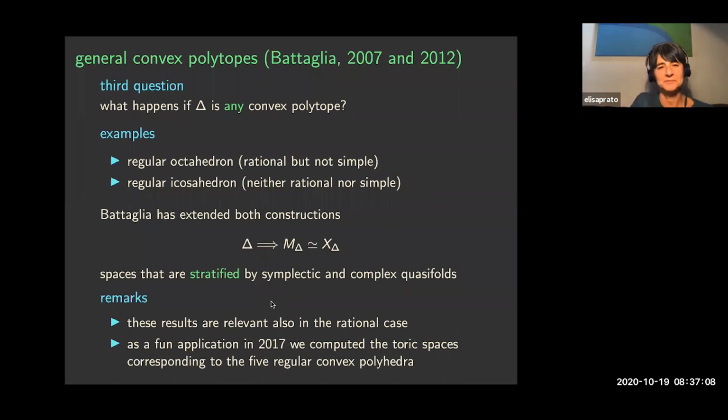So as a fun project, we applied her general construction to compute the toric spaces corresponding to the 5 regular convex polyhedra. These are the dates that the papers appeared, but the original arXiv versions were a few years earlier.